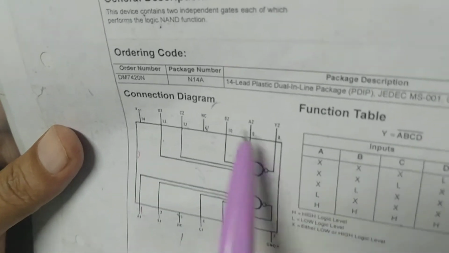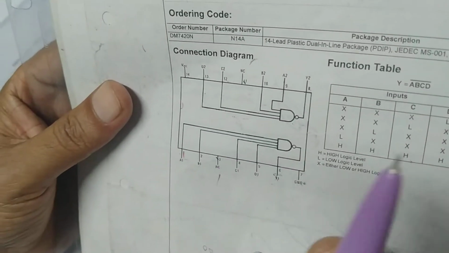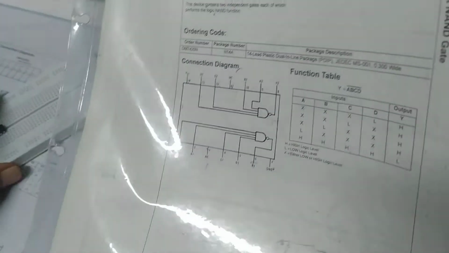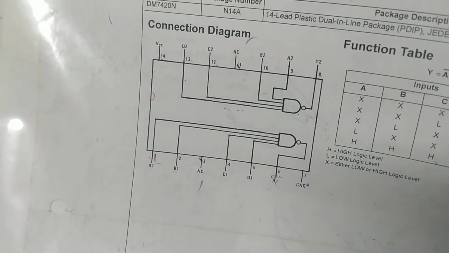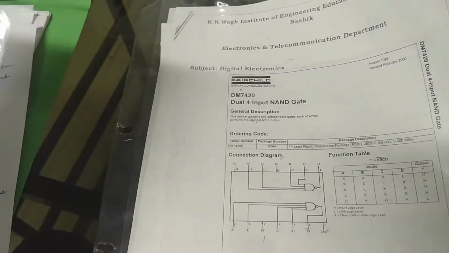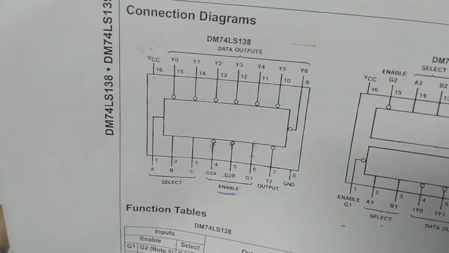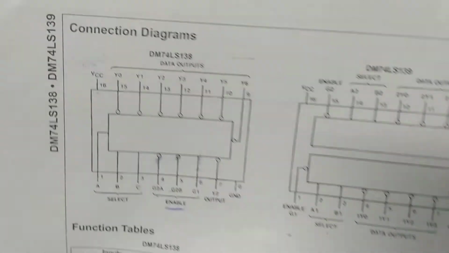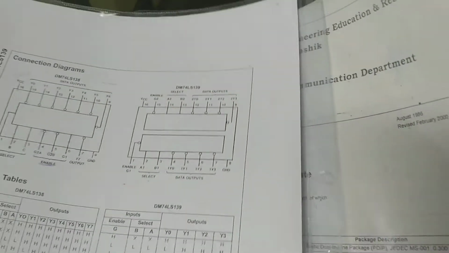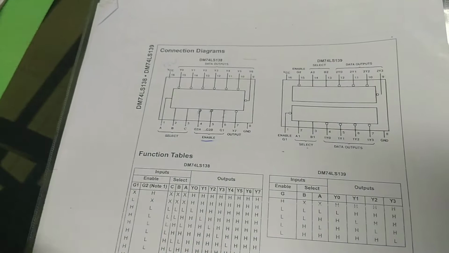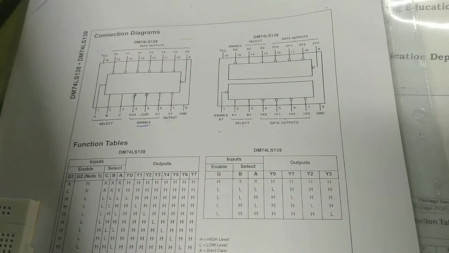Okay, so according to this pin diagram, we have to make the connections. Now we have the pin diagram of the IC 7420 as well as of the IC 74138. So we will use both data sheets, and then we will make the connection on the breadboard.